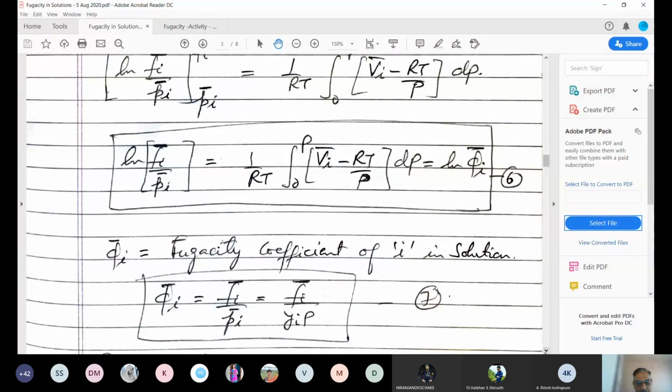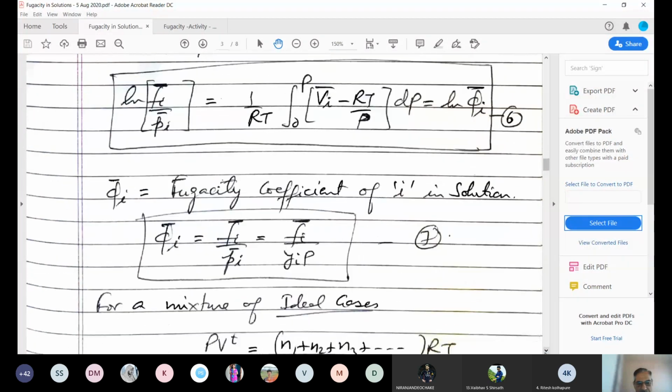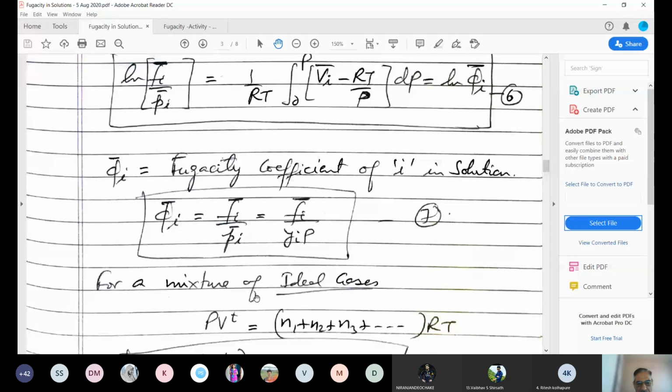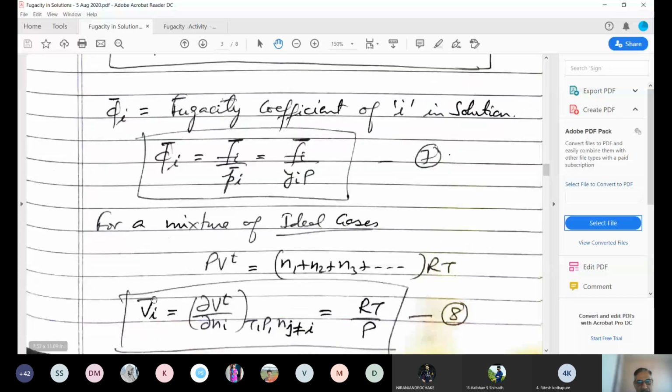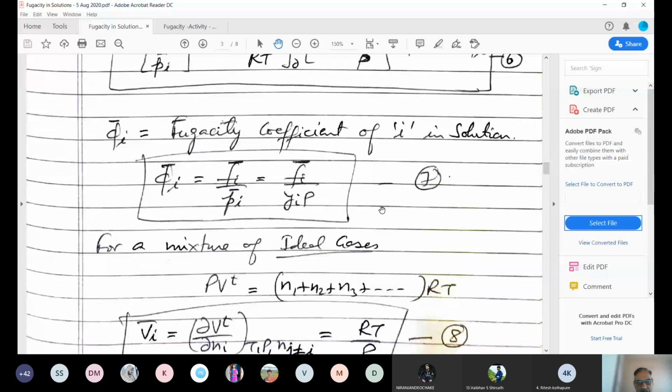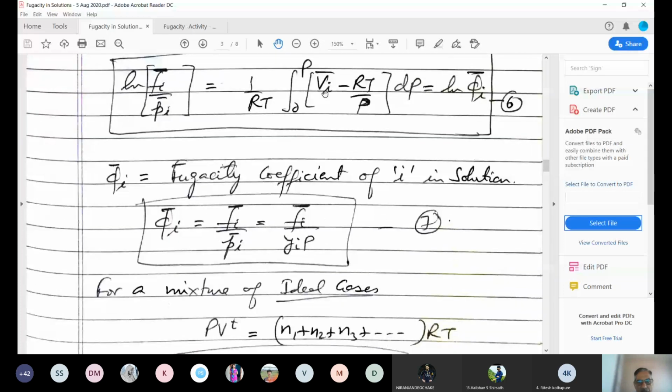Now if we take a mixture of ideal gases, you can write PV equal to nRT as PV total equal to N1 plus N2, all the moles of all the components, into RT. Right? VI bar is partial molar volume, because we need to put here VI bar. In this equation 6, we need to substitute for VI bar. That's why we are doing this.